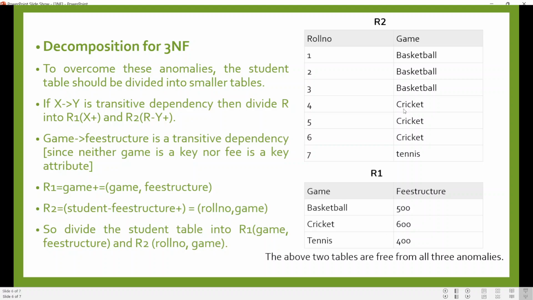These two relations R1 and R2 are in third normal form, because there is no transitive dependency present. So this is how we do normalization of a database into third normal form. Hope you understood how to normalize a relation into third normal form.